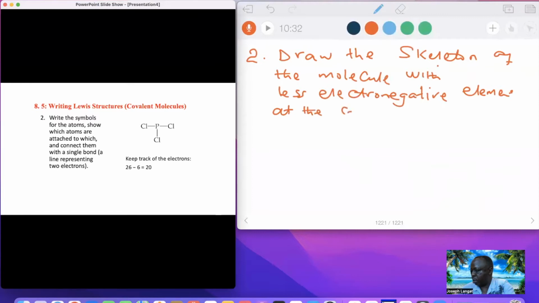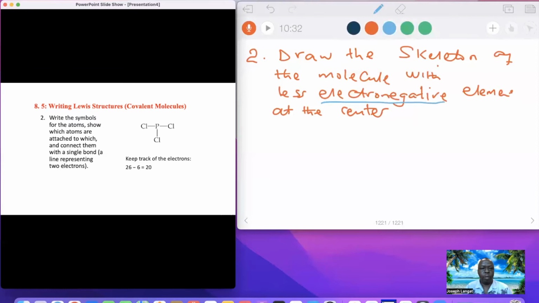In other words, the less electronegative. We looked at electronegativity in the previous section, and you should know the trend, okay? So the less electronegative is always the first element in the chemical formula.